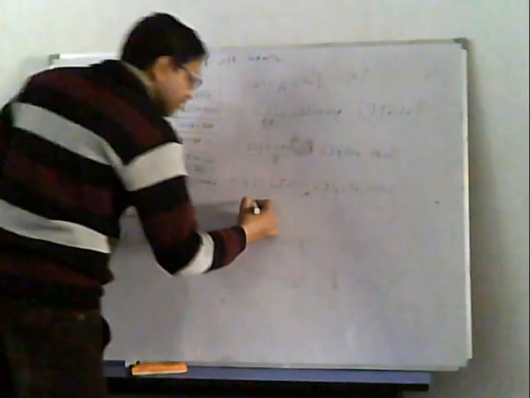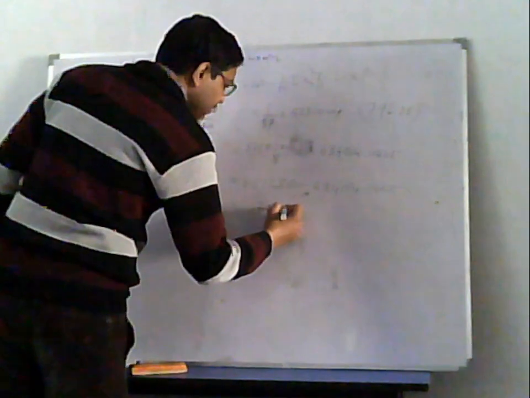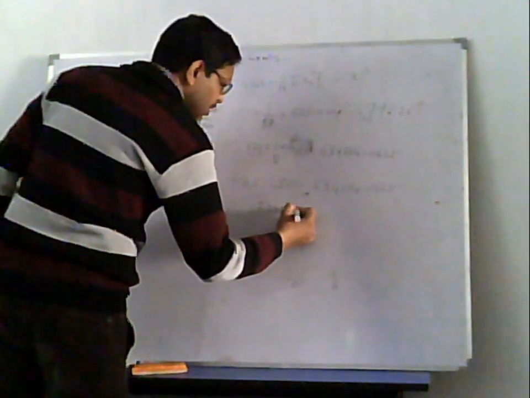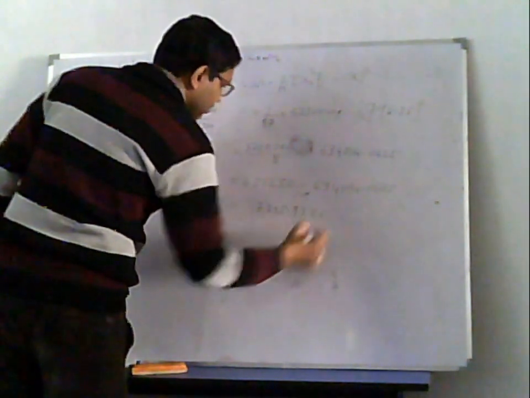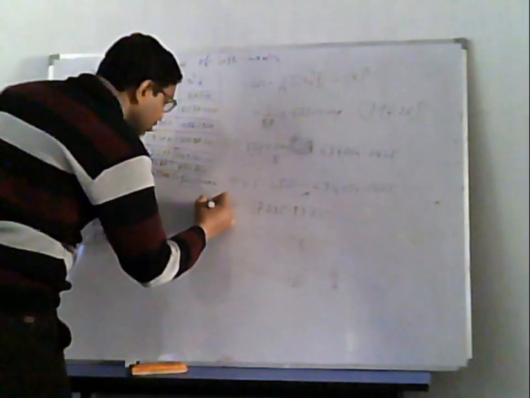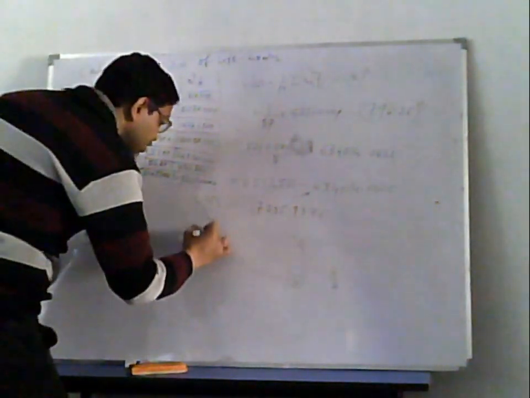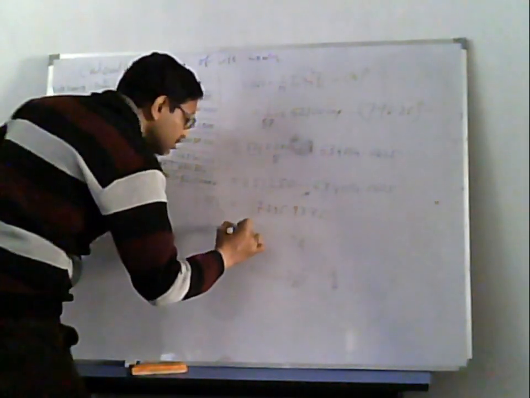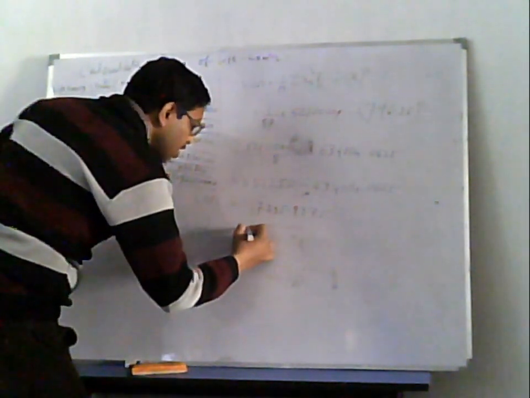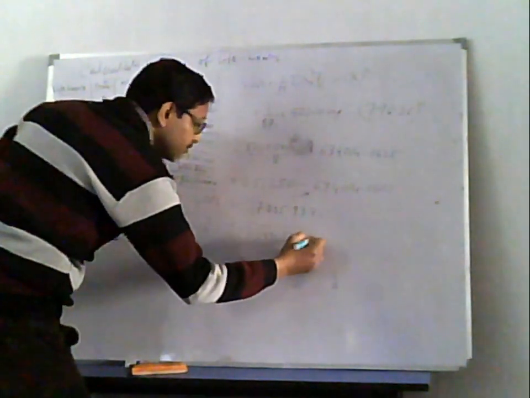Just subtract this. 17235.9375. So variance equals this. Now we have to calculate the standard deviation. So standard deviation equals root over of variance, root of 17235.9375.